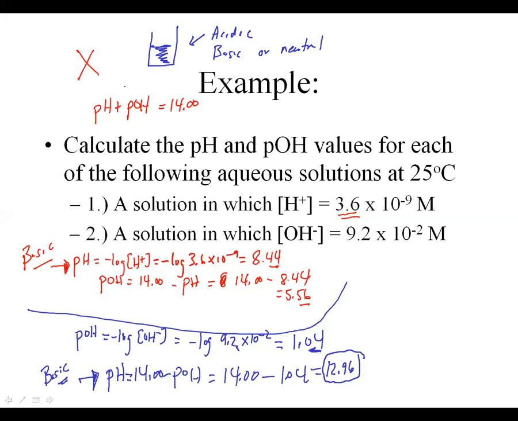But that solution sitting in there can have a pH value, also have a pOH value, which will be different values for the same solution. But regardless if they have different values of pH and pOH, the solution itself can only be one of those three things: acidic, basic, or neutral.